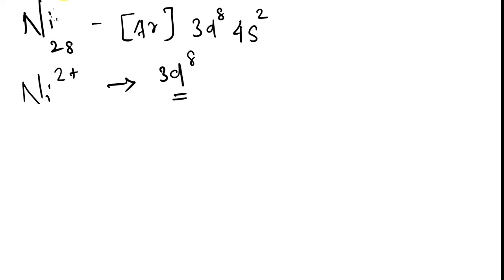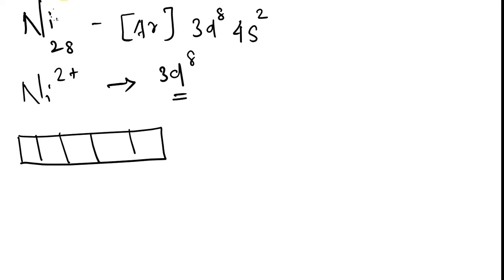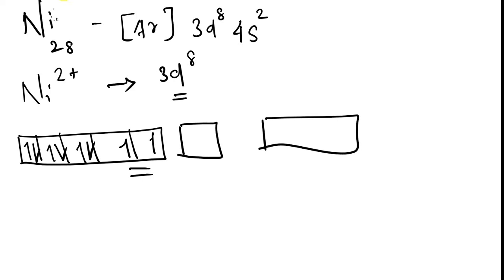So we can write the 3d8 like this, 1, 2, 3, 4, 5, 6, 7, 8. There are 2 places vacant for electrons here: this is 4p, this is 4s, and this is 3d.